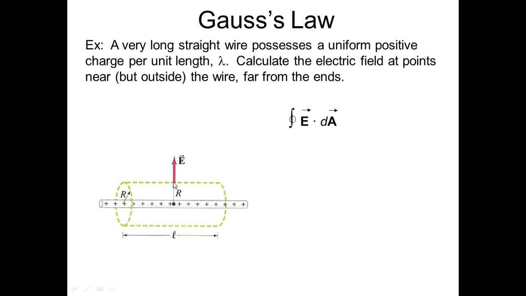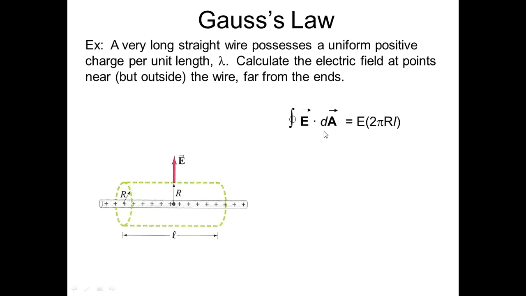Therefore, the A vector is pointing outward too. So when I sum up the E dot dA, that's going to give me the E field times the area of the cylinder. And the area of the cylinder is given by 2 pi r times the length. I think that's the last thing I remember. I think Emily told me that. And so that's where we're left at.